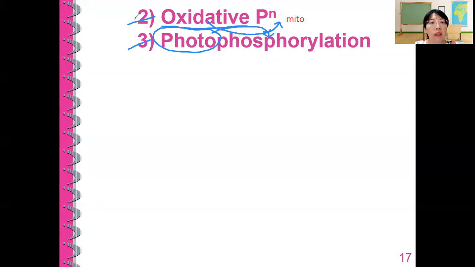So these are the two ways of synthesizing ATP. Using respiration, they oxidize the carbohydrate, lipids, and protein, so energy is released to synthesize ATP. In plants, they harness the light energy, the photo, and then use the light energy to phosphorylate the ADP to form ATP. So this is a general explanation of these two processes, right?